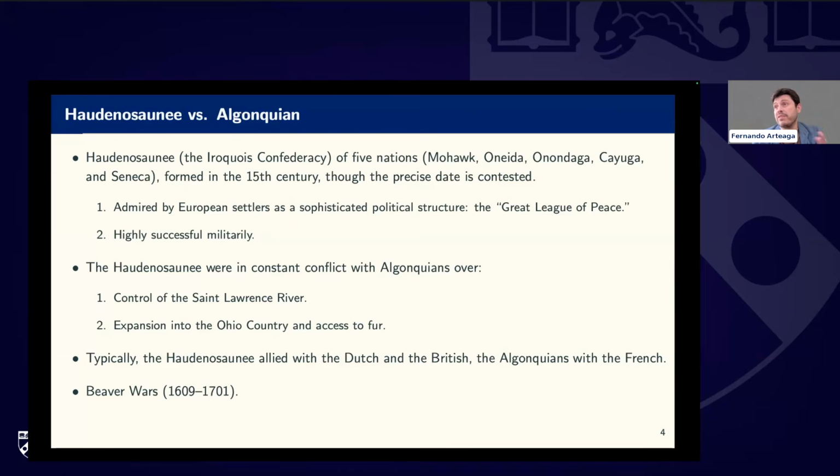Nowadays we have cars and airplanes, but still the main way by which we transport the massive amount of goods moved all across the world, from China to Europe to the Americas, is through water. And that's a constant all across history. Whoever controls the waterways basically controls access to the resources. So that was very important.